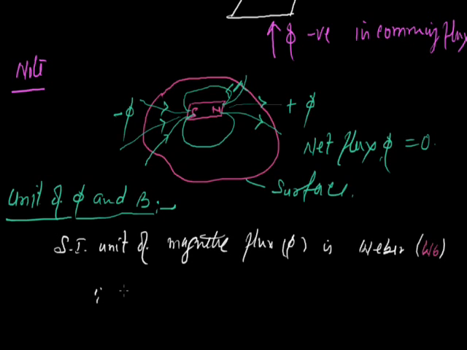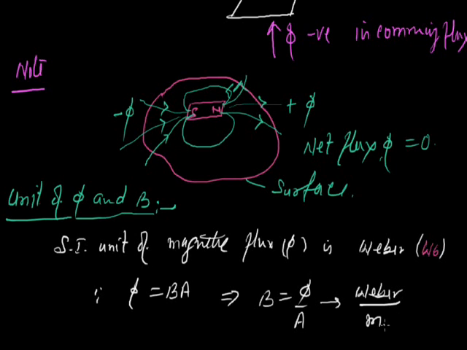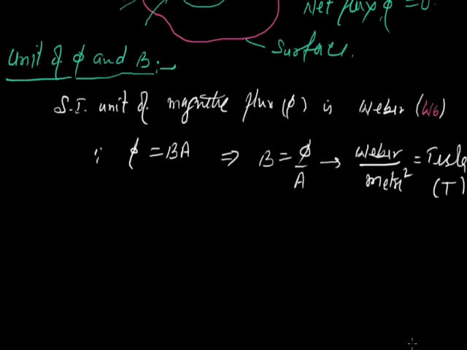Because phi is equal to BA, it implies that B is phi upon A. Phi is measured in Weber, upon A means meter square. It is also known as Tesla, denoted by T. It means Weber upon meter square is also known as Tesla.